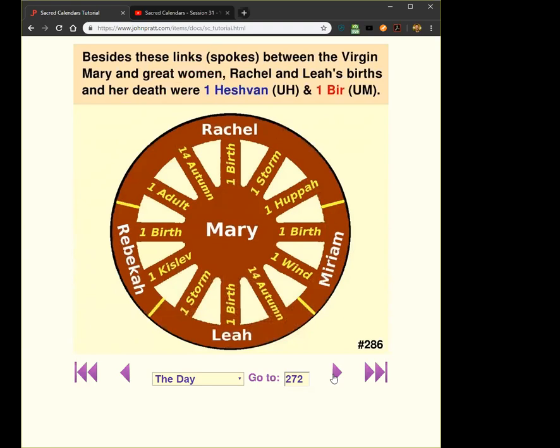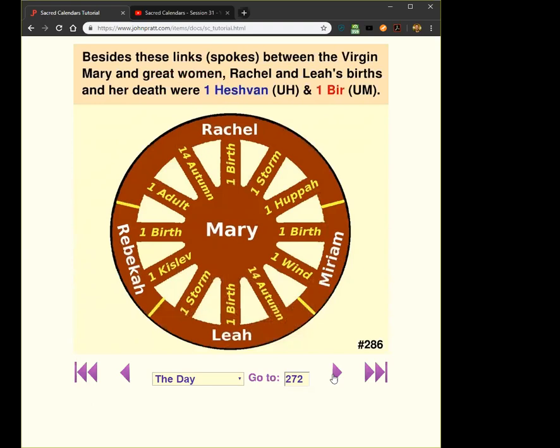This one is a slide where I've added a few more. These other calendars already shown are from the Venus calendar, the Enoch calendar, the Sacred Round calendar, and the Mercury calendar, and we've been through all of those. The new spokes here are the uniform Hebrew.